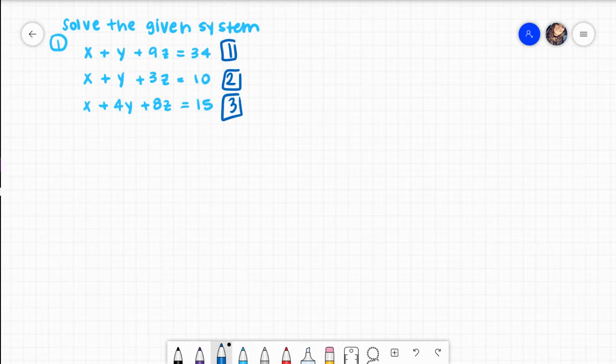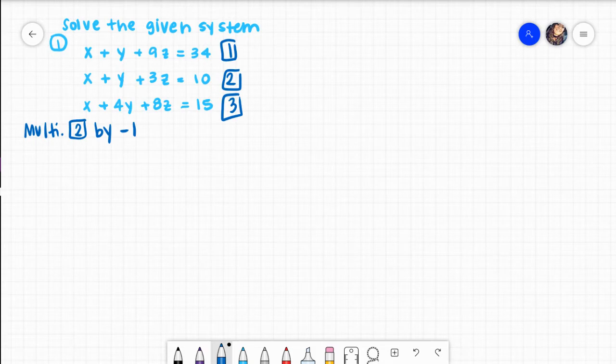So what I'm going to do, I literally chose to use the second equation, and I'm going to multiply equation 2 by negative 1.